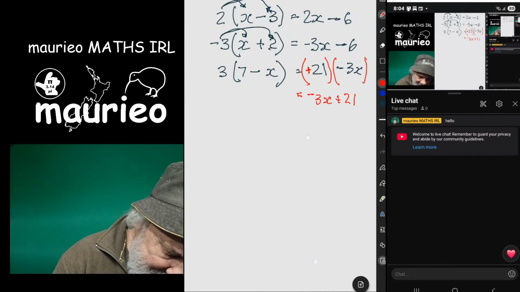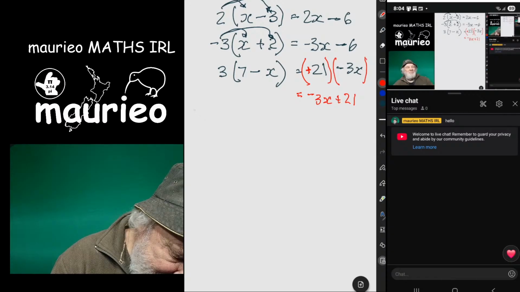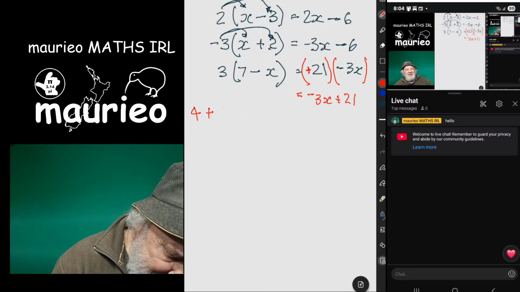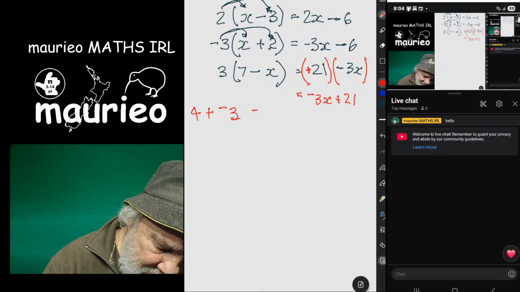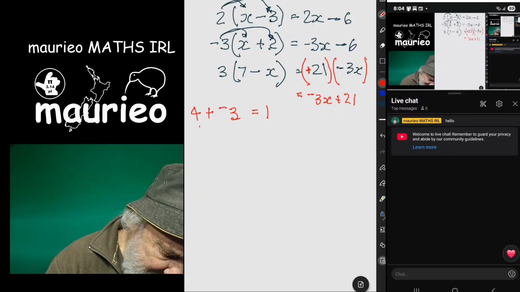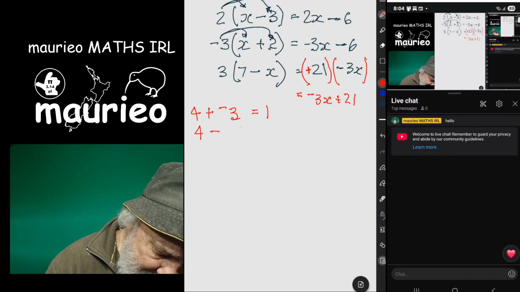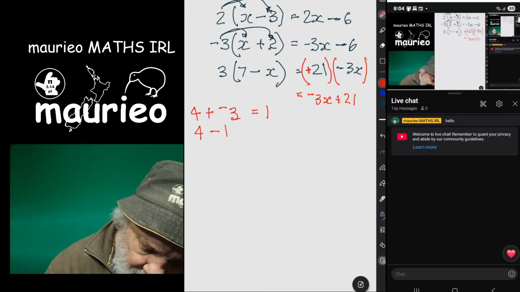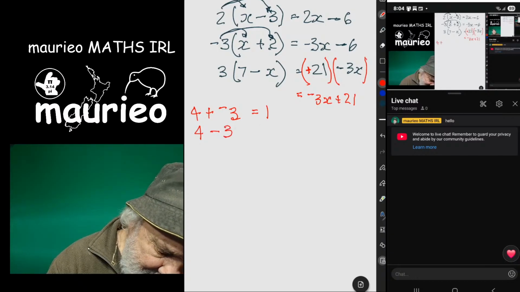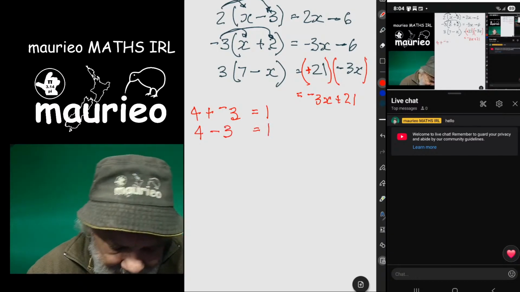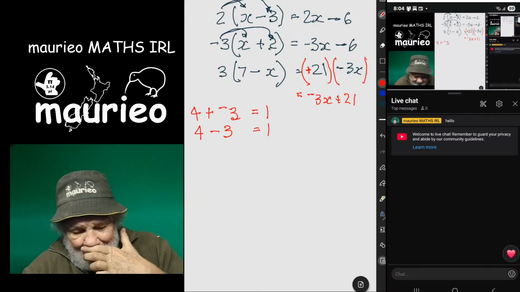So you can have 4 minus 3, which equals 1, or 4 plus negative 3. 4 minus 3 equals 1. They're sort of the same.